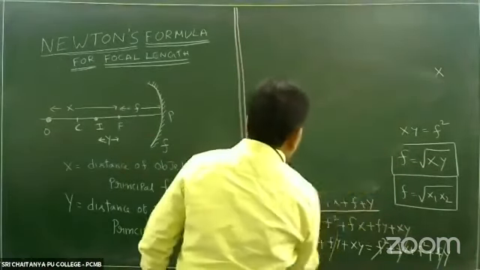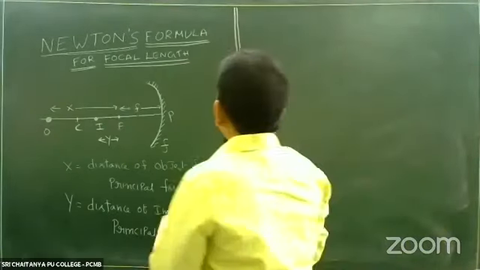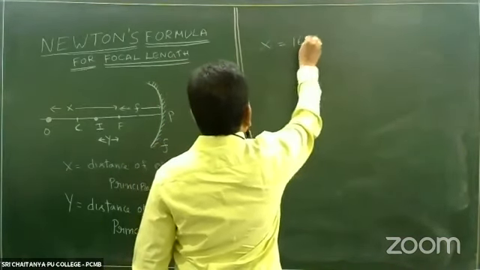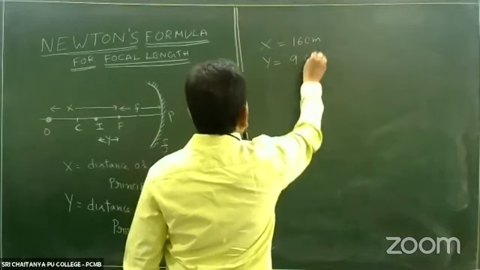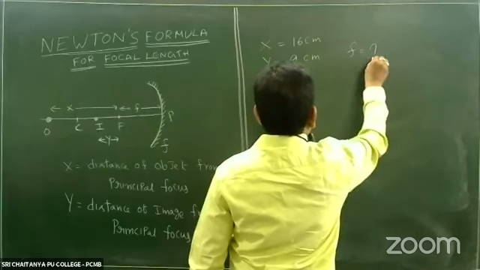Let us suppose x value is equal to 16 centimeters and y value is equal to 9 centimeters. You are asked to calculate the focal length.